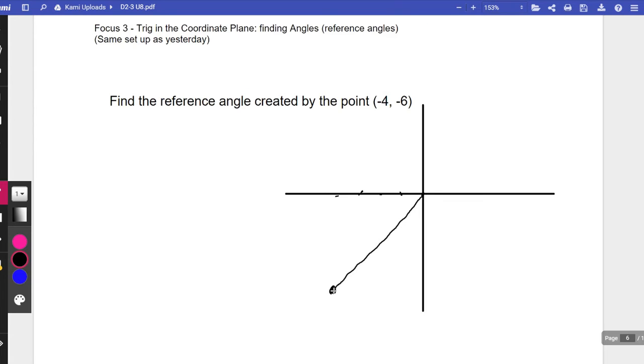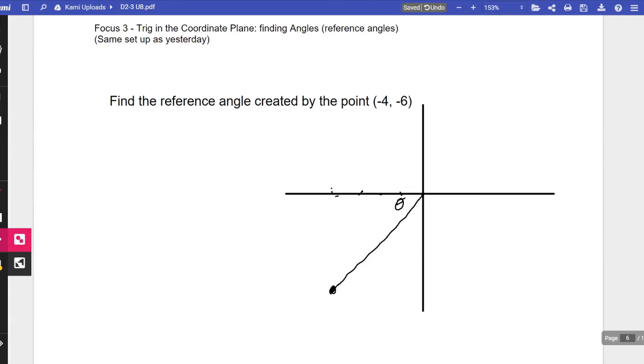The only thing I need to remember is that where I place theta is always going to be between this terminal side and the x-axis, because theta is a reference angle. A reference angle would have to be just the distance to the nearest x-axis. So that would be like this distance. That's the same angle as that angle. Okay, so we know that's where it is.